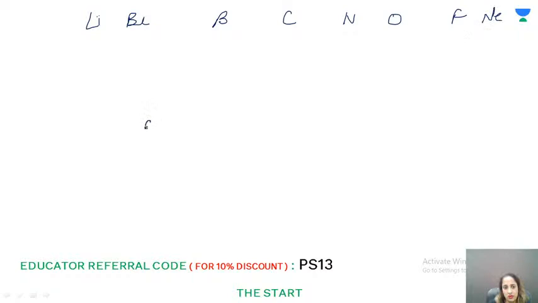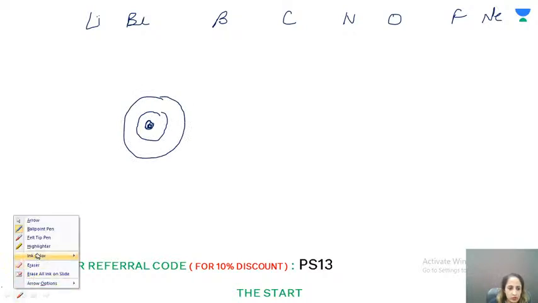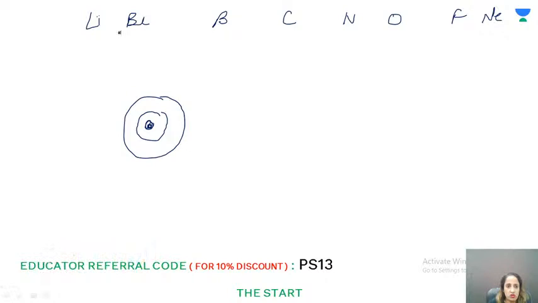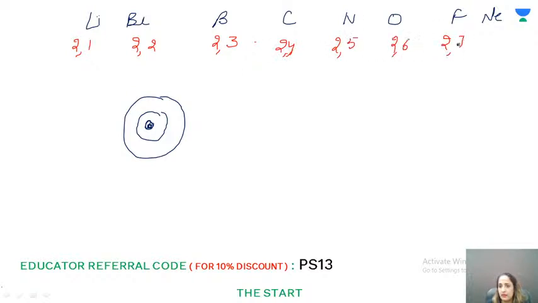Here is our nucleus, and the electronic configurations are 2 1, 2 2, 2 3, 2 4, 2 5, 2 6, 2 7, and 2 8.